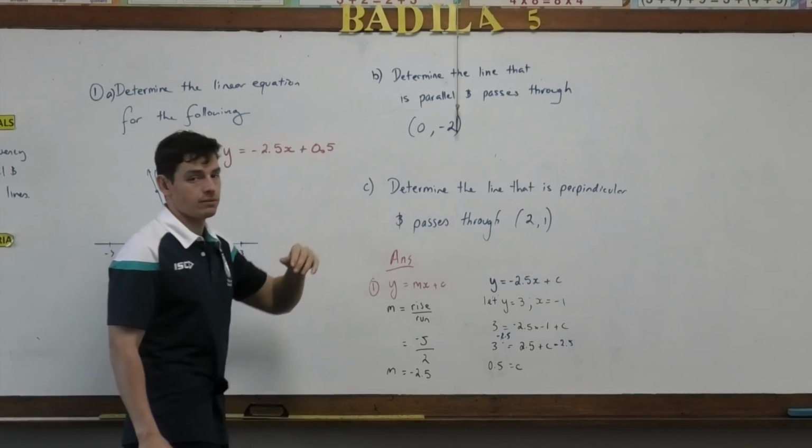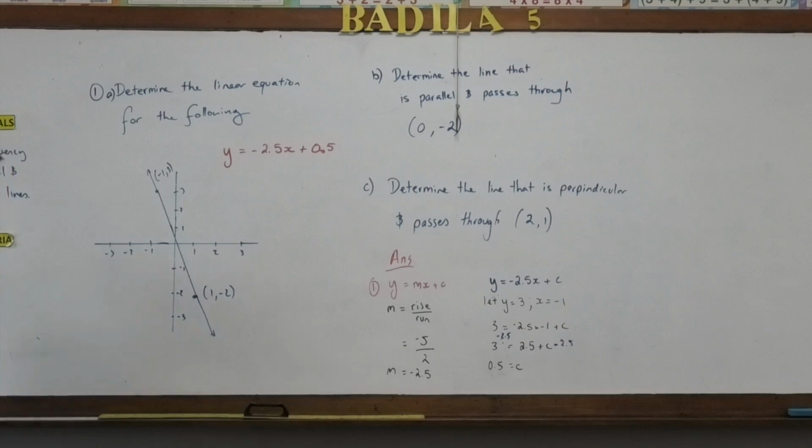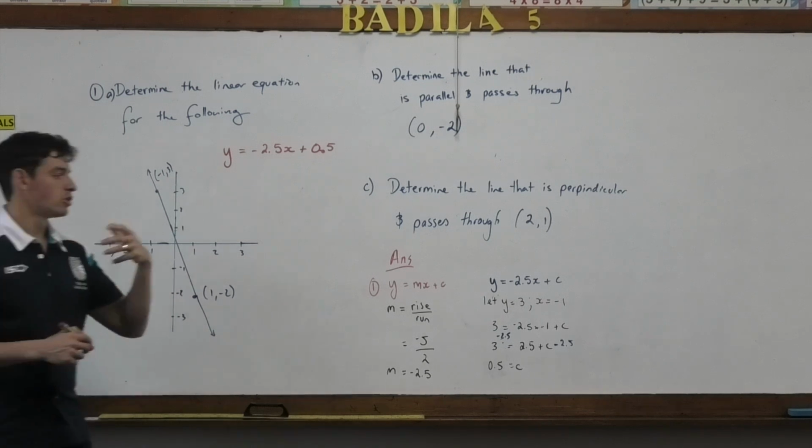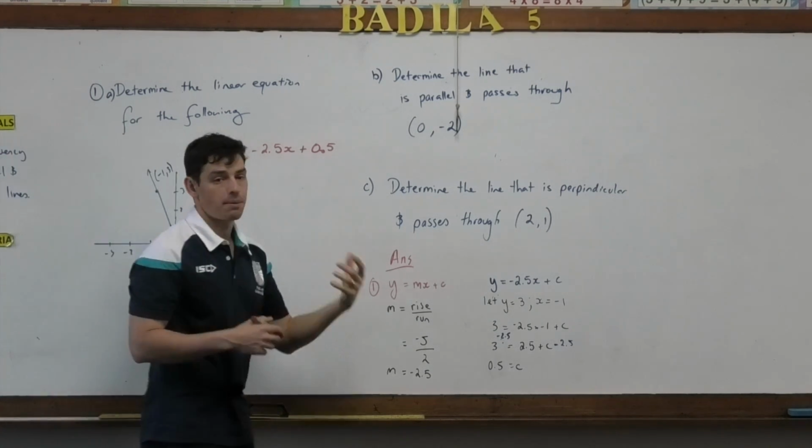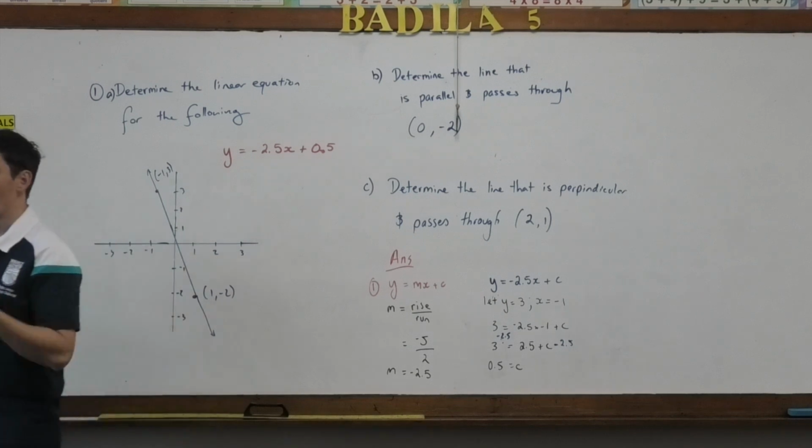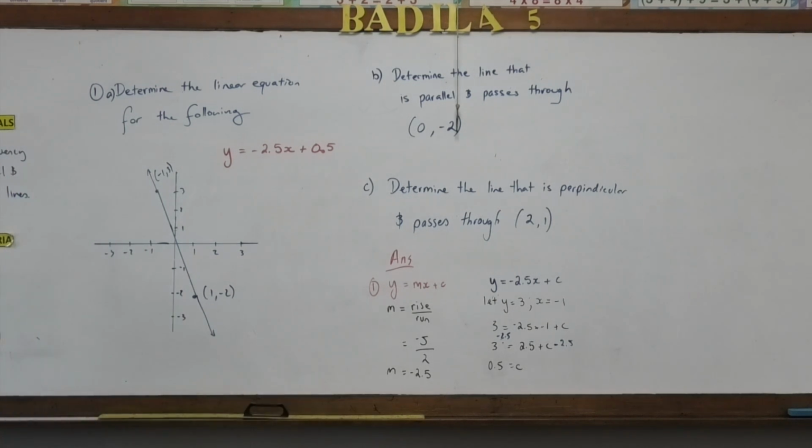Very similar process, correct? What's the key difference? I gave you 2 rules about parallel and perpendicular lines. What were they concerned with? We know the gradient.